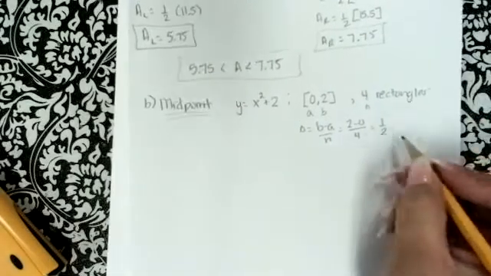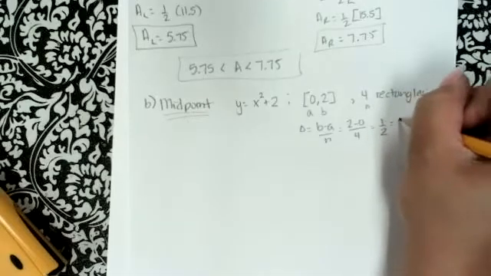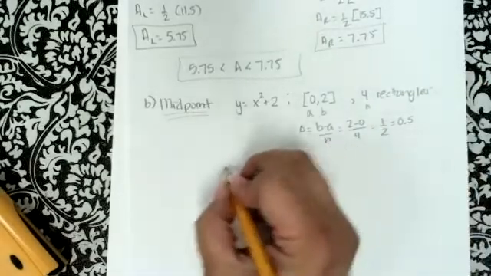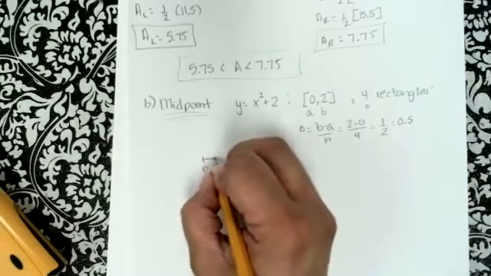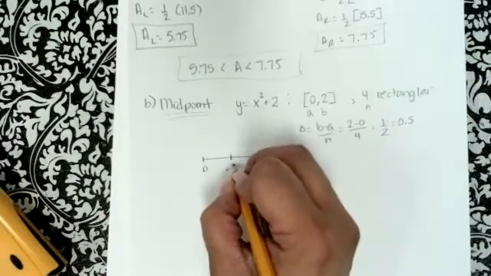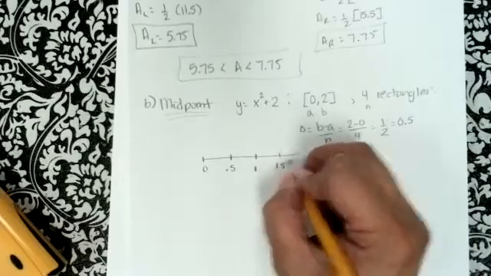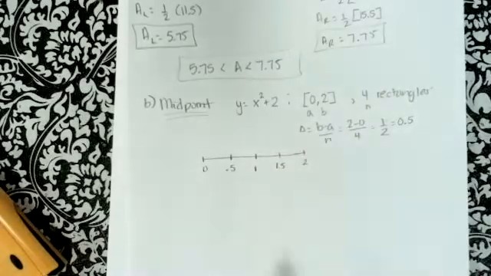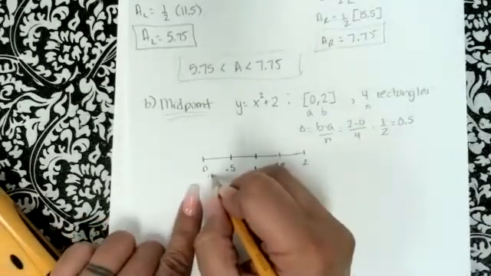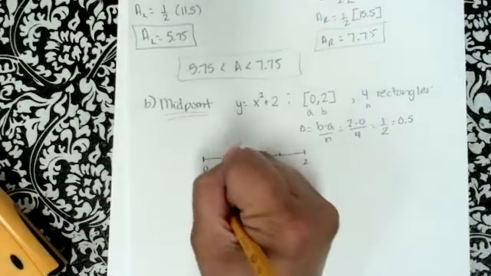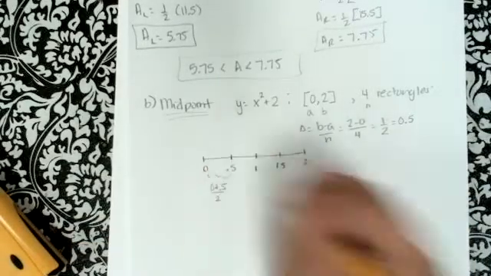Now, this is the way that I do it. I'm going to actually write this as a decimal. You can leave it as a half, it's totally fine. So basically what's going to happen is I have 0, I have a 0.5, I have a 1, I have a 1.5, and I have a 2. You want the middle. So the middle of 0 and 0.5, what you're going to do is add these up and then divide by 2.